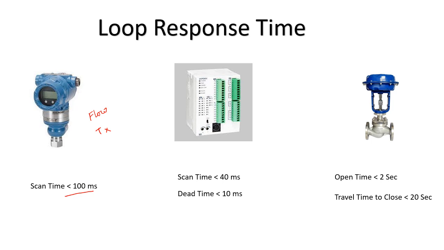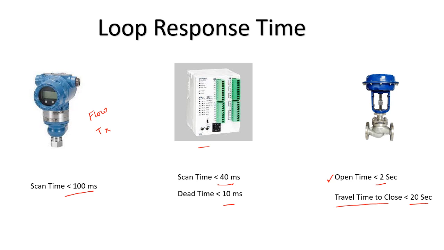Similarly, for the control system, the scan time should be less than 40 milliseconds and dead time should be less than 10 milliseconds. In the case of the anti-surge control valve, the opening time is more critical compared to the closing time. As a result, the opening time is specified as less than 2 seconds and travel time to close can be within 20 seconds.